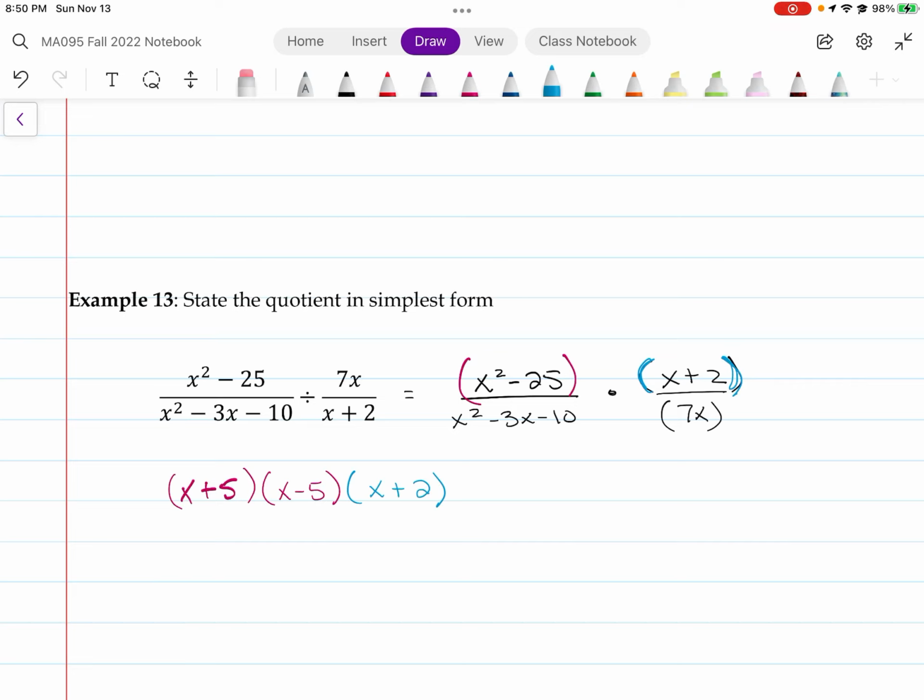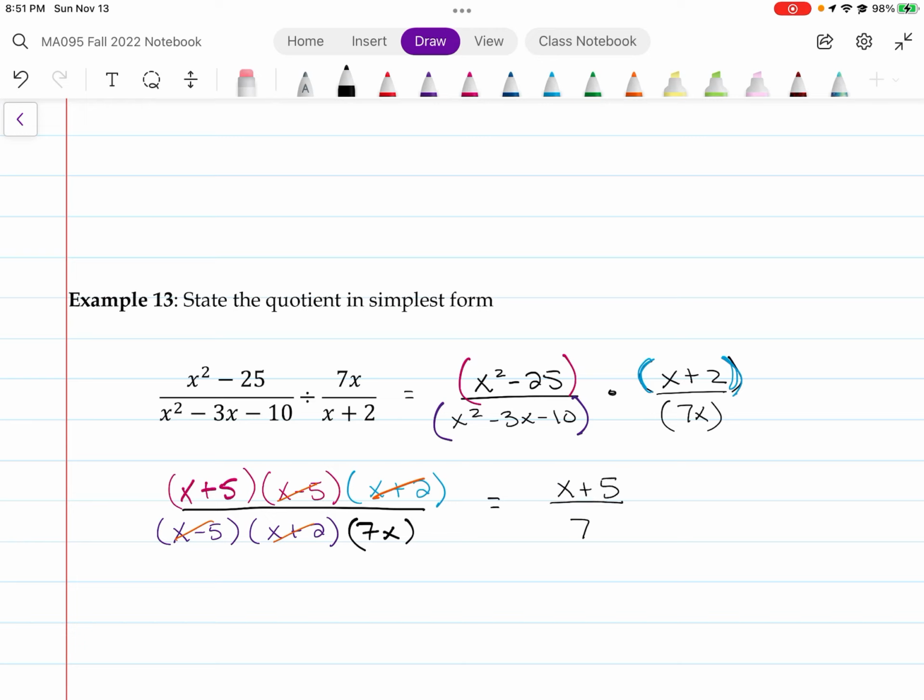Then I'm going to have this factored to be x minus 5 and x plus 2. Then we've got our 7x. So what cancels? We've got x plus 2, and we've got x minus 5. So all I'm left with is x plus 5 on top and 7x on the bottom.